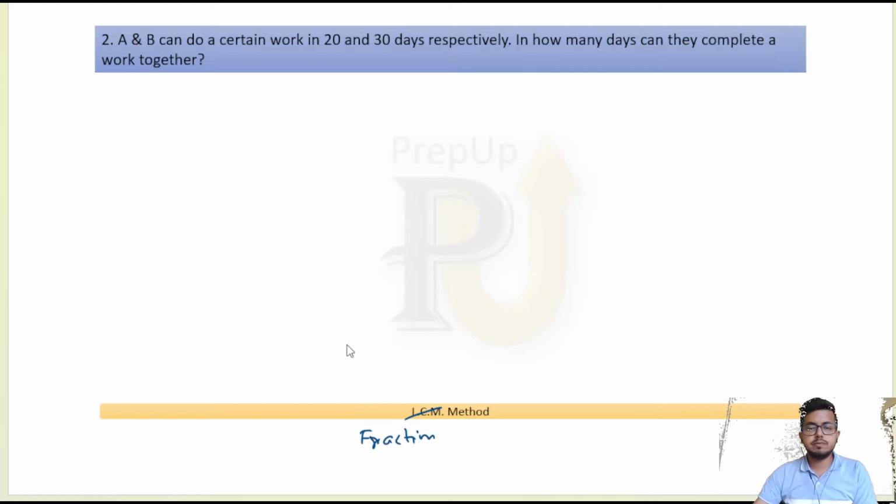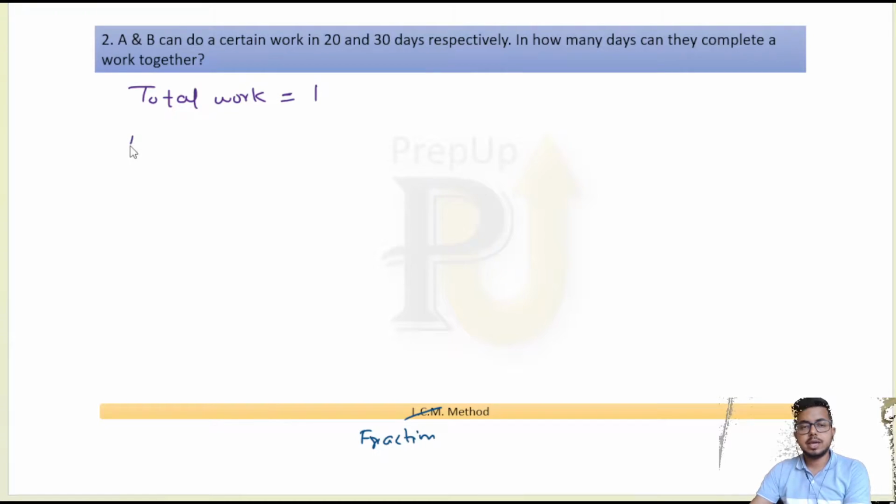So what are we doing in the fraction based method? We are just taking these values and taking the total work done as 1. The total work, which we had taken as 100%, we are now taking as 1.